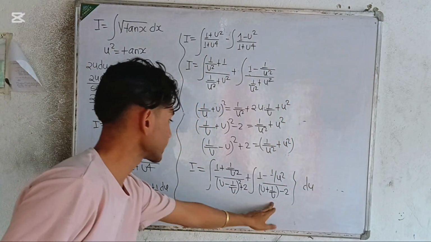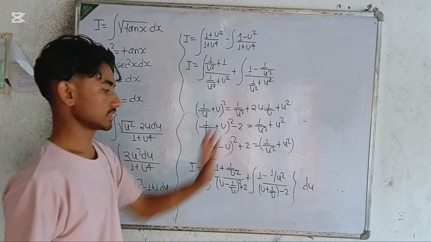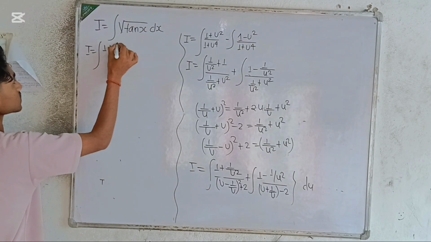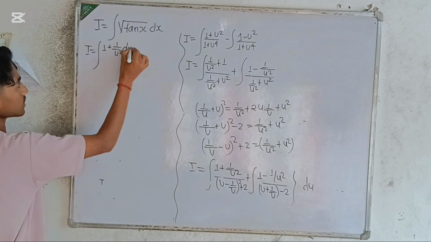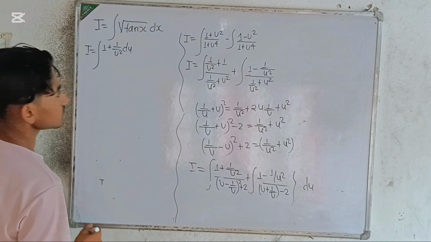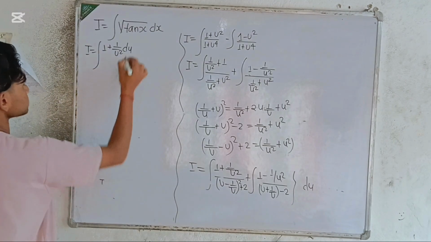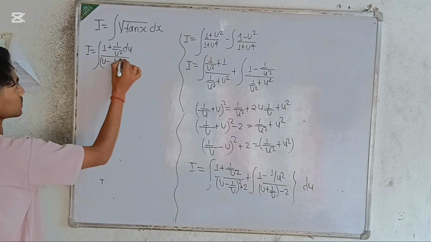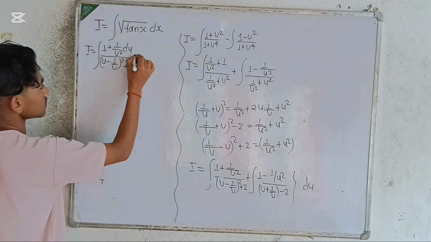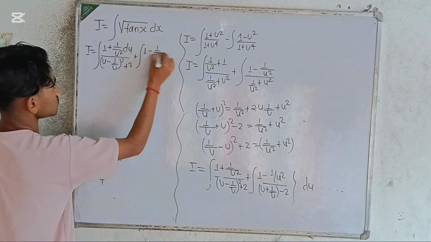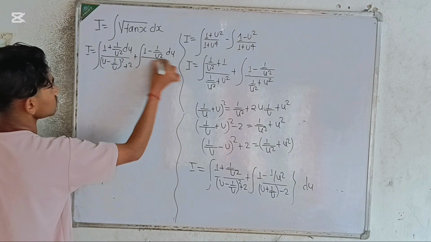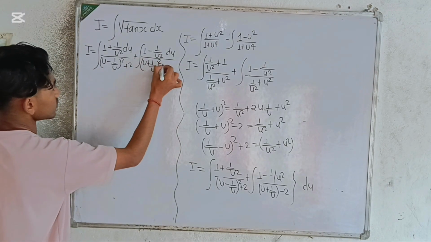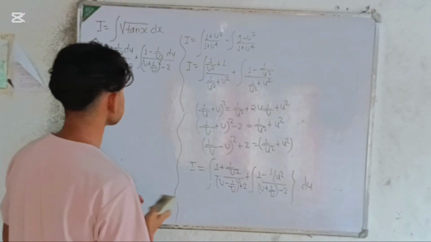If you open this bracket, you will end up getting the same two results. I have integral 1 plus 1 over u squared du over u minus 1 by u squared plus 2, plus integral 1 minus 1 over u squared du by u plus 1 by u squared minus 2, right.